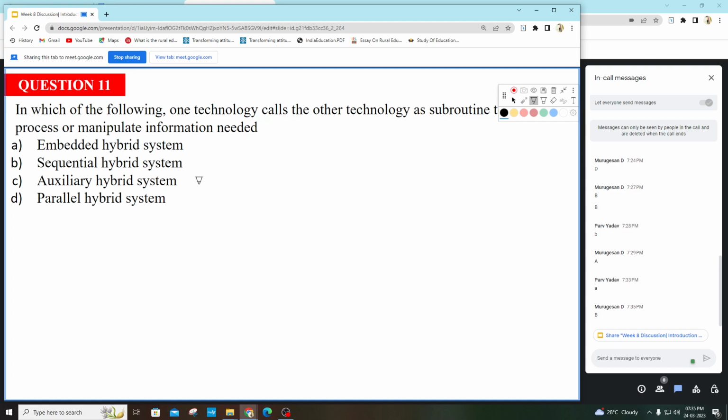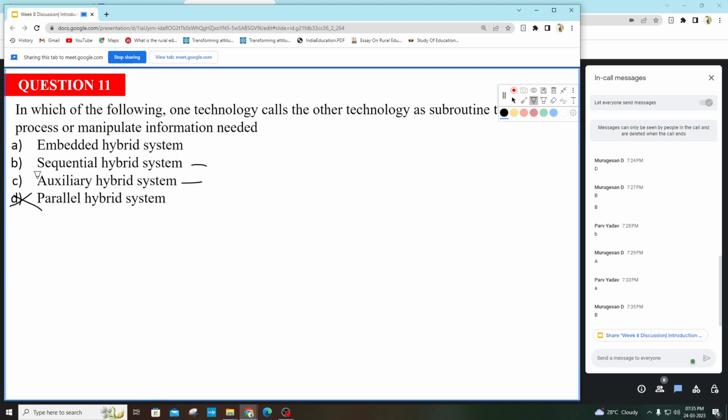Sir, auxiliary hybrid system, option C. Murugation is saying B, I think, and someone is saying C. Any other guesses? Parallel hybrid system is not a hybrid system, so this is wrong.